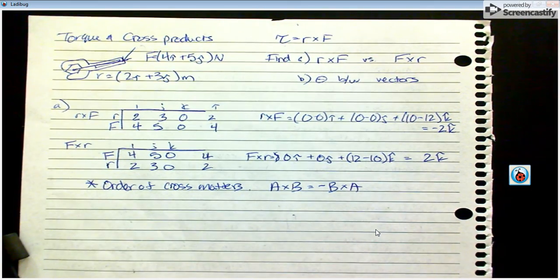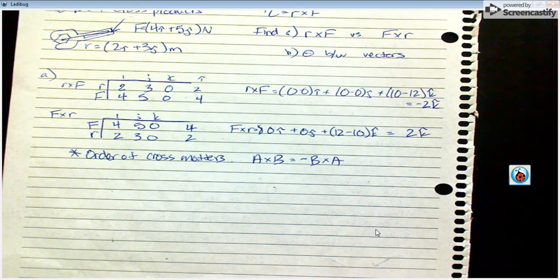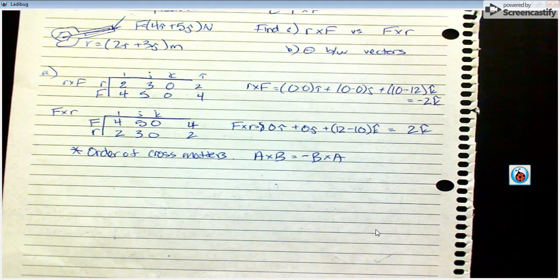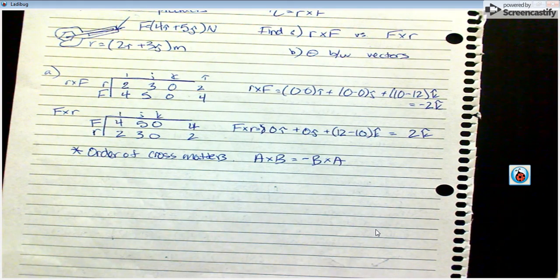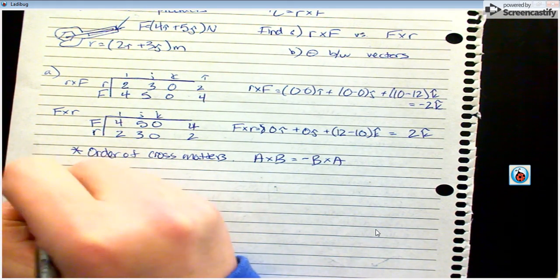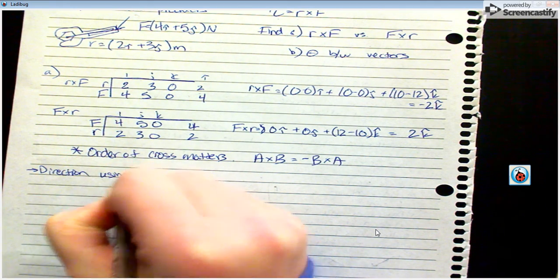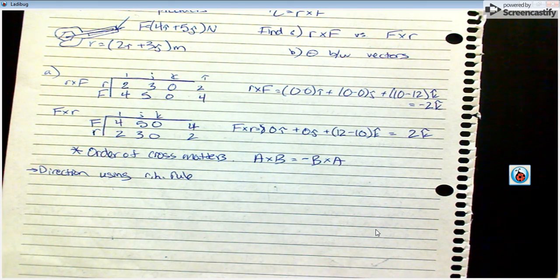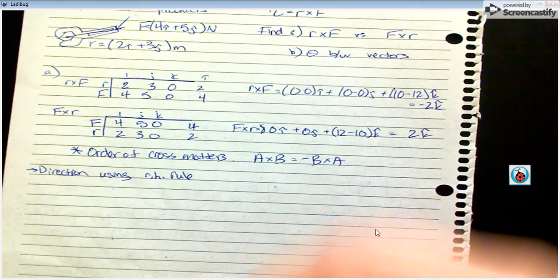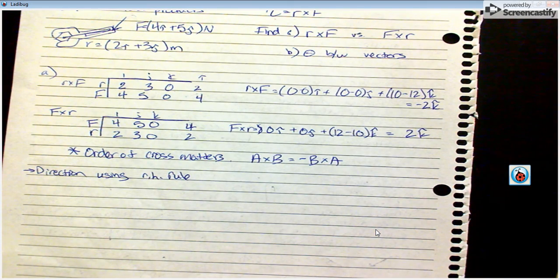All right, another way we can look at direction, because we know it's in or out of the page with that K hat, but it's kind of hard to tell which way. So we're going to look at the right hand rule, and then we'll come back to part B. But this isn't just the curl your fingers and then thumbs up like that. This one's a little more complicated.